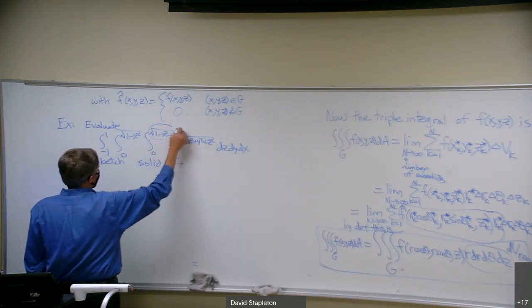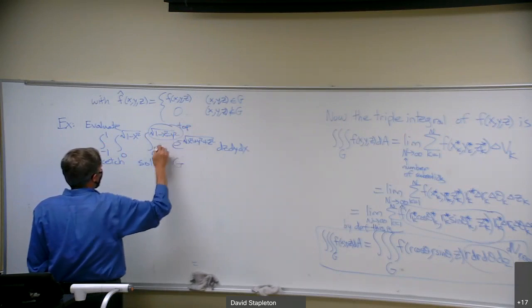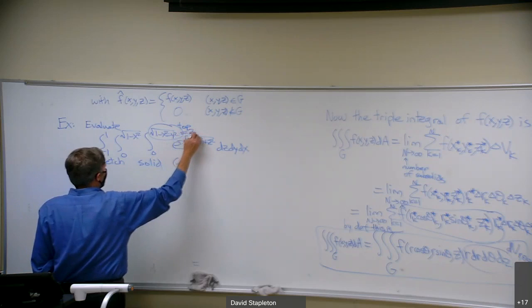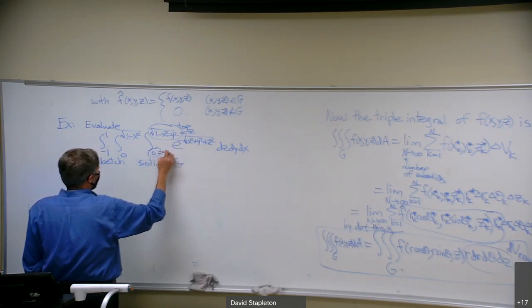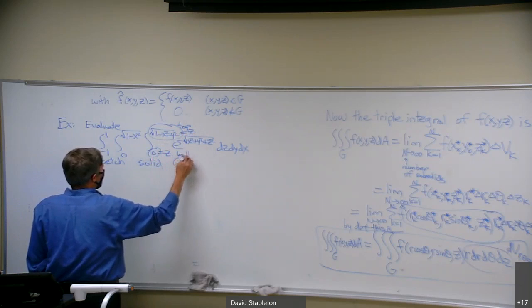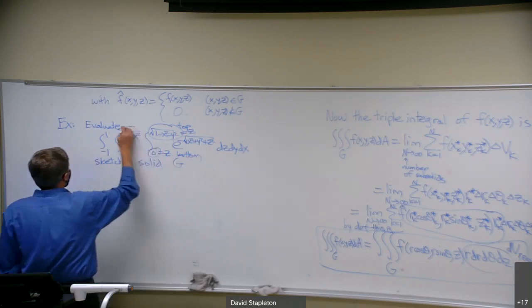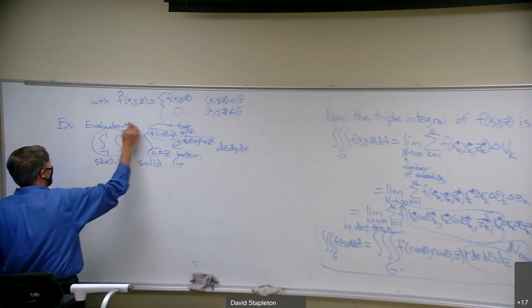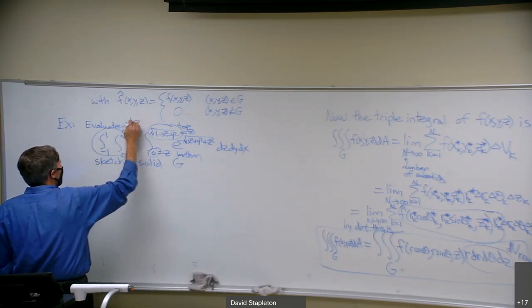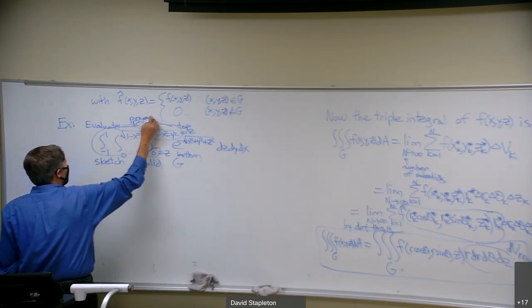So this is the top surface in x, y, z coordinates. Z equals this, and z equals this is the bottom surface, right? Thinking of our projection theorem. And then this is the integration over the plane region. This is the projection region R for the last time.